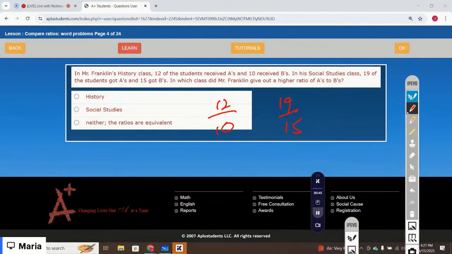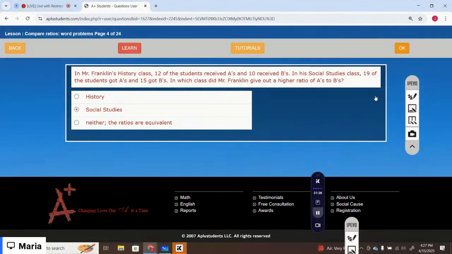So, which is the correct option? That is social studies. Option number two is the correct option.